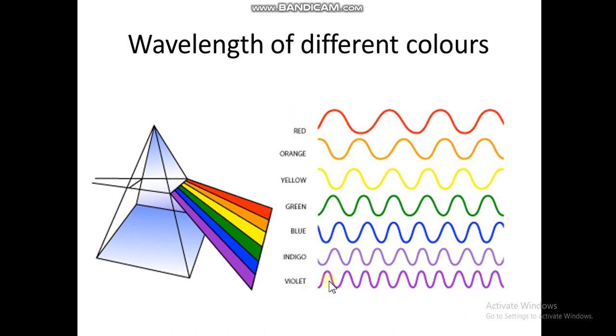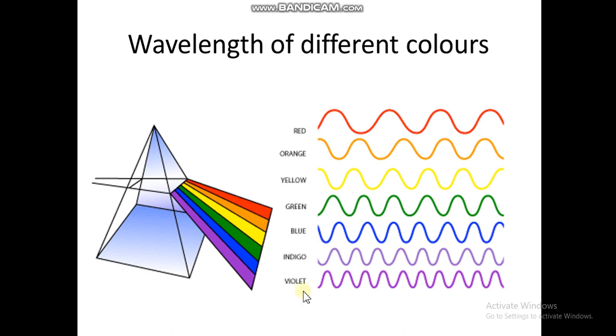Violet, indigo and blue have less wavelength, and they are scattered most by the particles present in the atmosphere. In the atmosphere we have carbon dioxide, oxygen, nitrogen and other gases, along with dust particles and many other particles. Those particles scatter the light of smaller wavelengths.